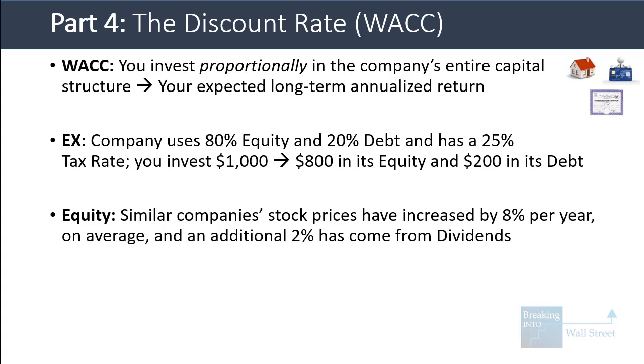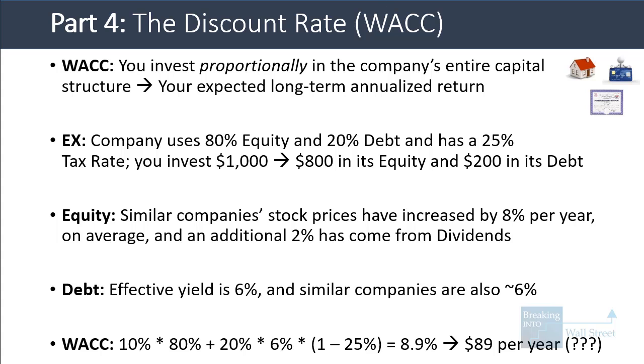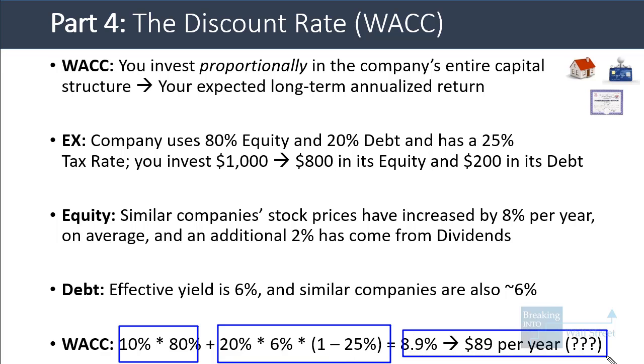If similar company stock prices have increased by 8% per year and an additional 2% has come from dividends, then the cost of equity here should be the 8% plus the 2%, or about 10%. Then WACC here would be the 10% times the 80%, and then the 20% times the 6% times 1 minus 25%, which gives us around 8.9% or 9%, we could say, per year.